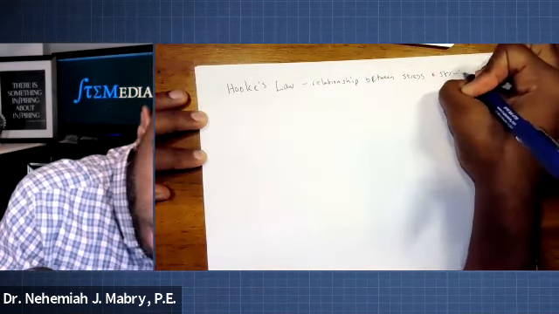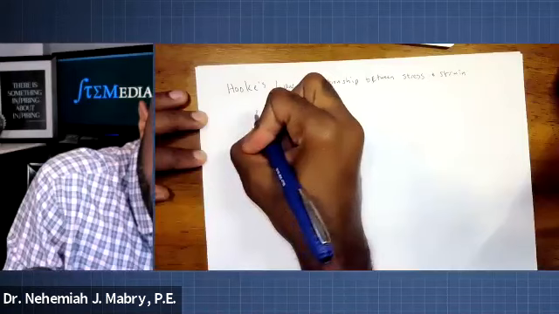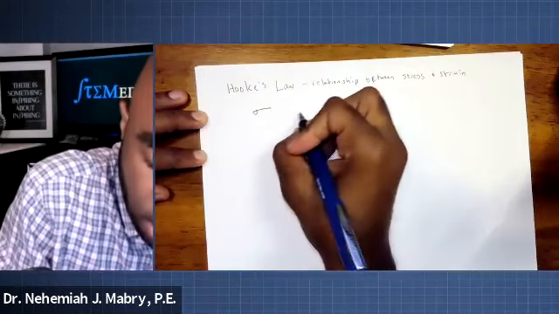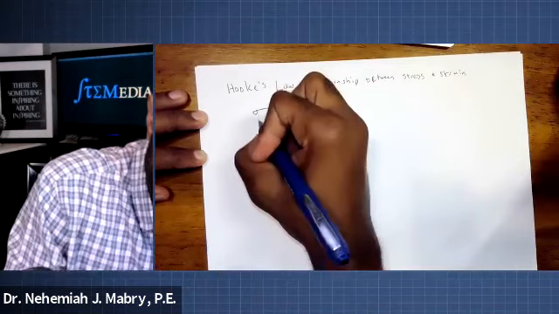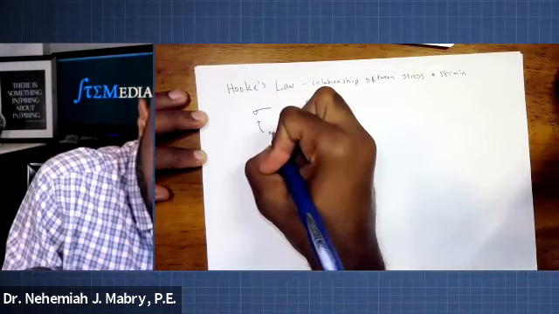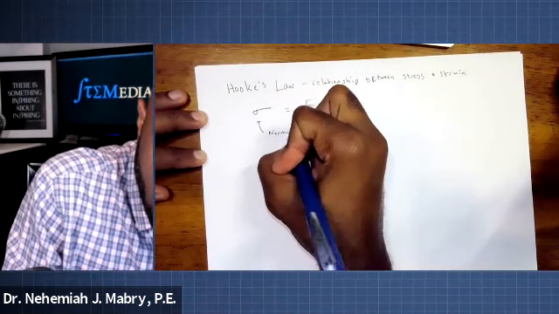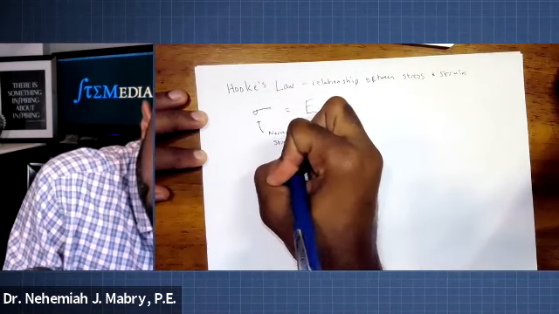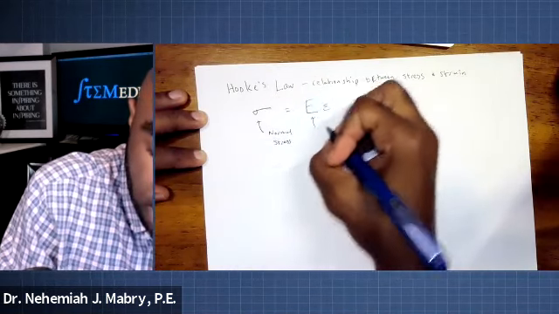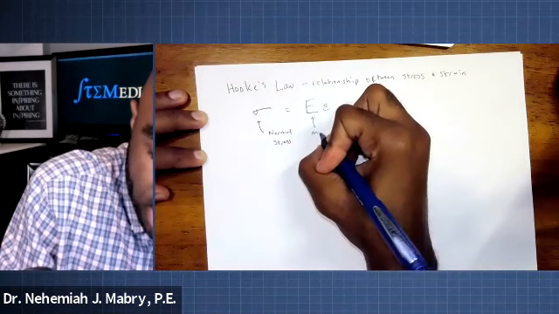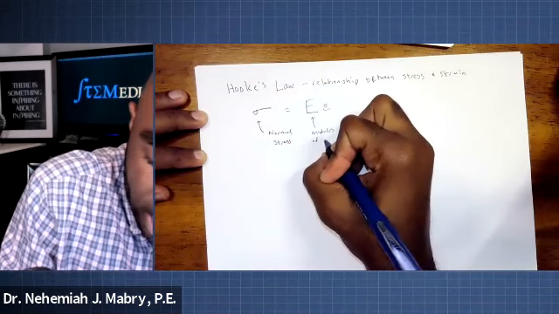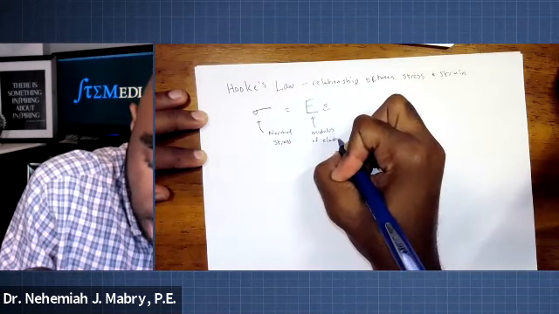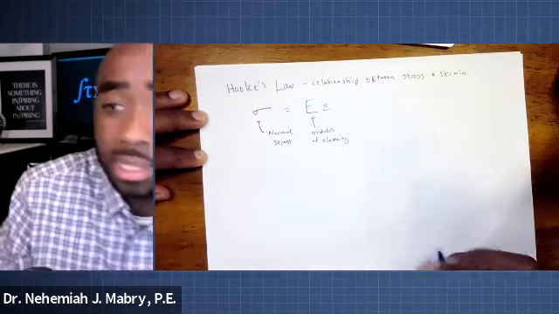So it's the relationship between stress and strain, something to keep in mind, and it goes like this: sigma equals E epsilon. Sigma here is our normal stress. E is our modulus of elasticity, or in other words, elastic modulus.